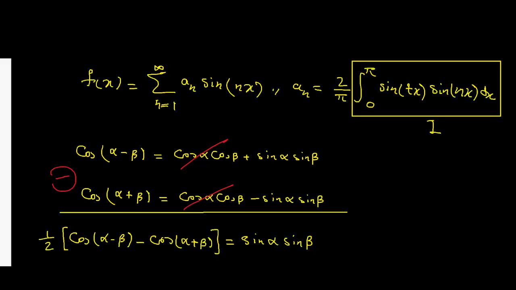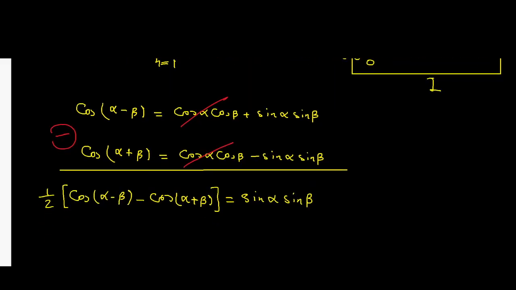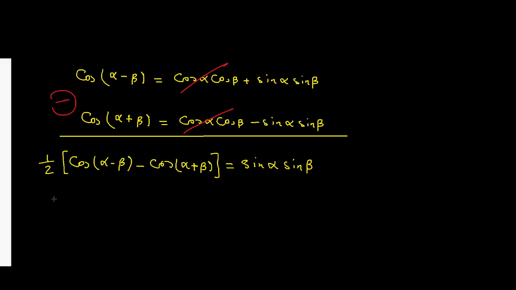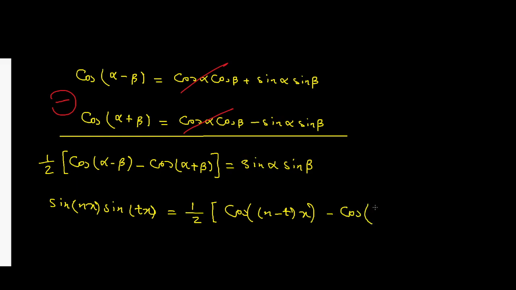So we can write our integrand sine tx times sine nx using this formula, taking tx as alpha, nx as beta. Sine of nx sine of tx becomes 1 over 2 times cosine of n minus t times x minus cosine of n plus t times x.